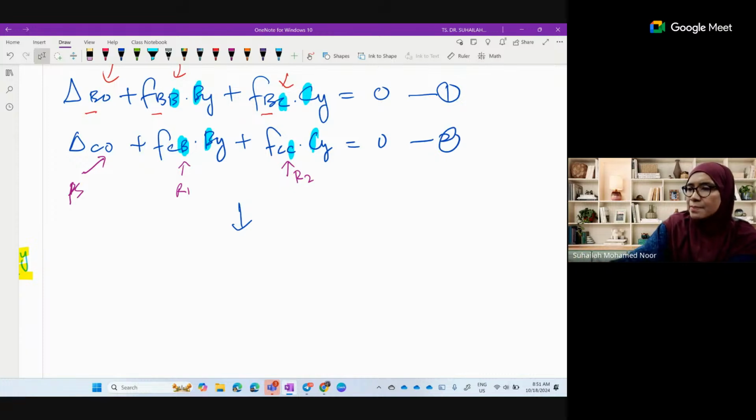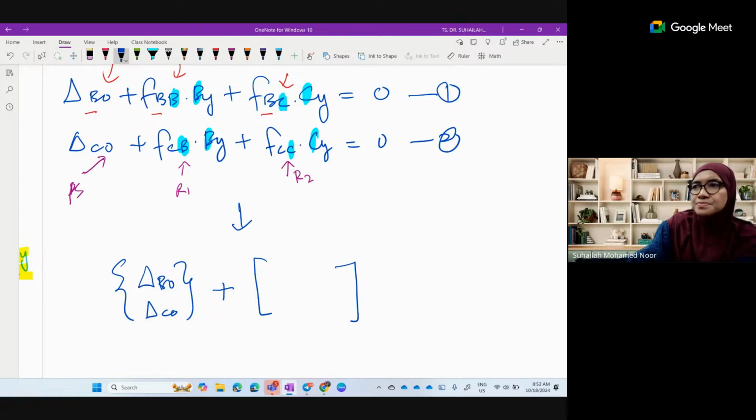Okay, kita akan groupkan primary system, delta B naught and delta C naught ni. So dua-dua ni adalah displacement in primary system. Delta B naught, delta C naught are 2 displacement, 1 at point B, 1 at point C. Okay, in primary structure. Kita group together.